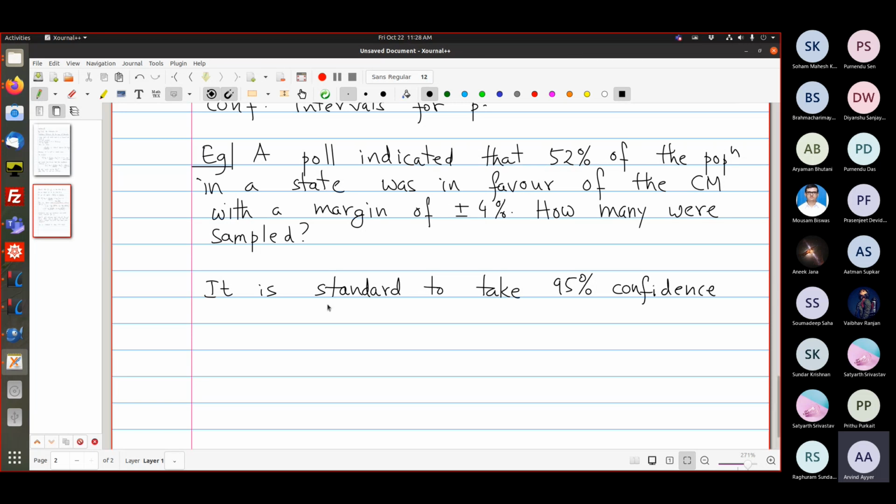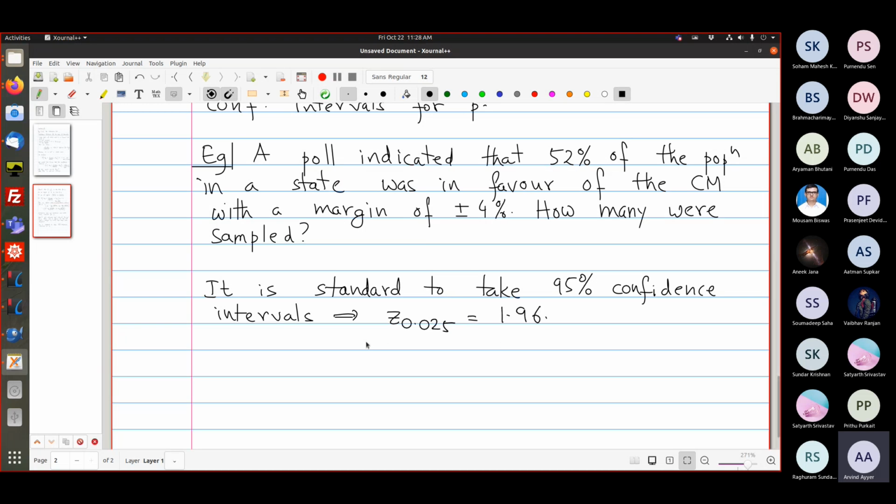Typically what they announce is confidence intervals of 95%. So therefore we use Z of 0.025, which we know is 1.96.